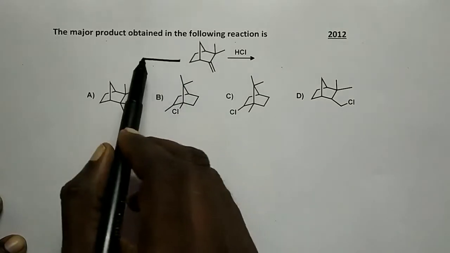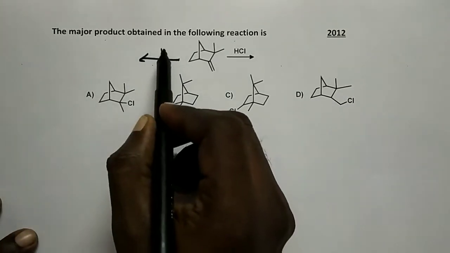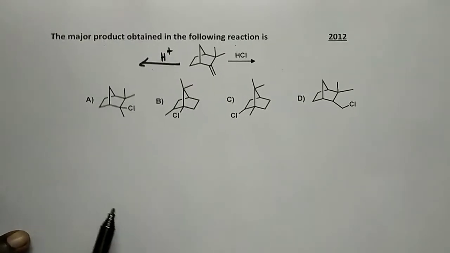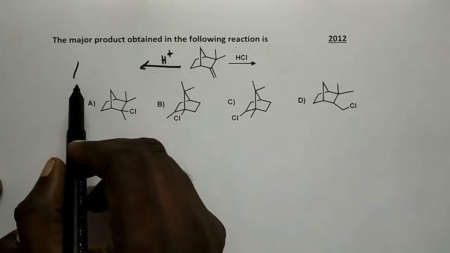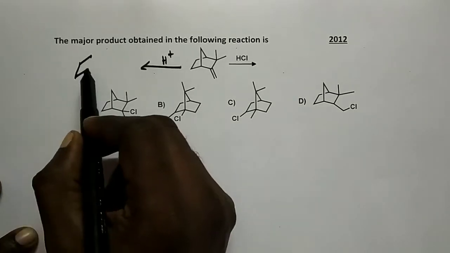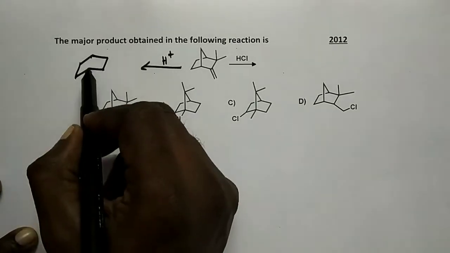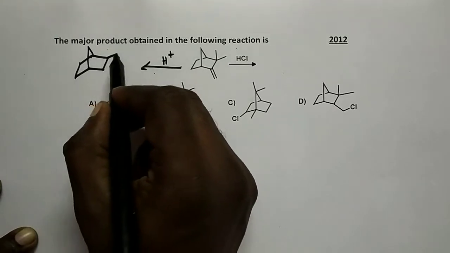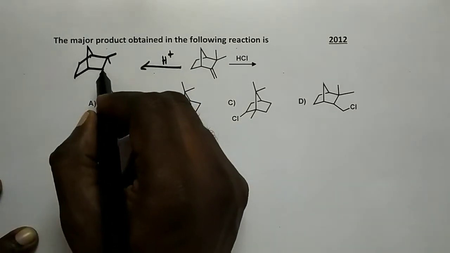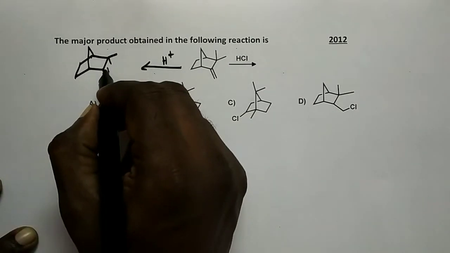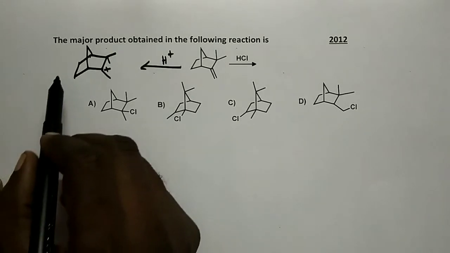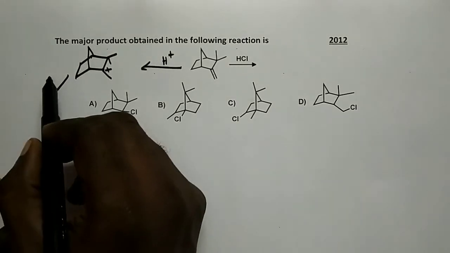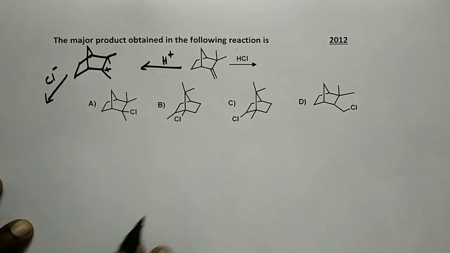The first step is reaction with proton. The product is a cation, isn't it? This is a tertiary carbocation, and this one is attacked by the nucleophile Cl minus.